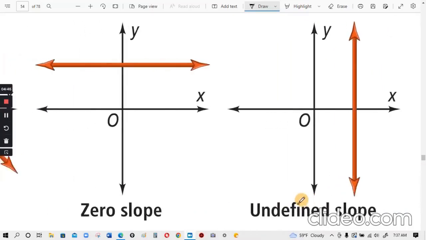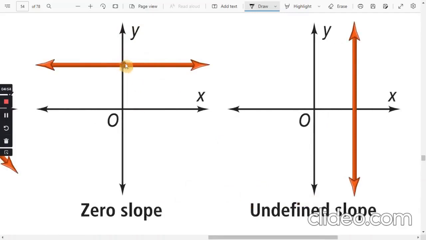The way I remember which is which with these two, as you can see, the horizontal line passes through the y-axis. Okay, so this point here will be the equation of the line. Let's say this was 5 or so, the equation of this line would be y equals 5 as an example.